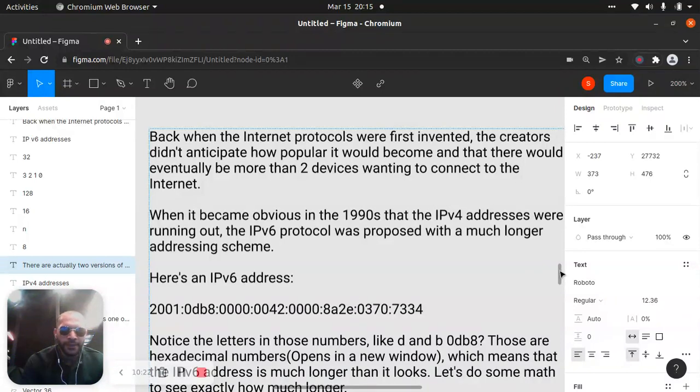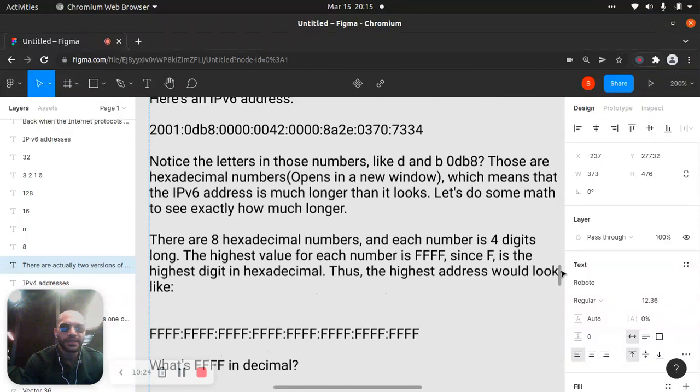Notice the letters in those numbers, like D and B, 0DB8. Those are hexadecimal numbers, which means the IPv6 address is much longer than it looks. Let's do some math to see exactly how much longer.